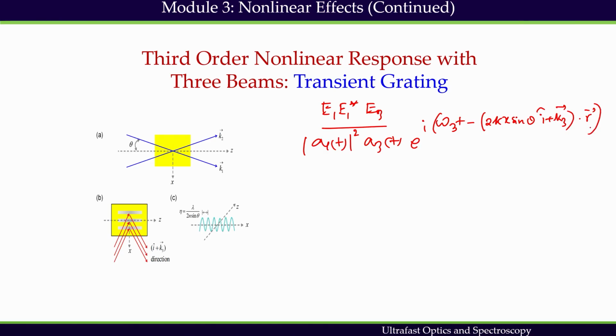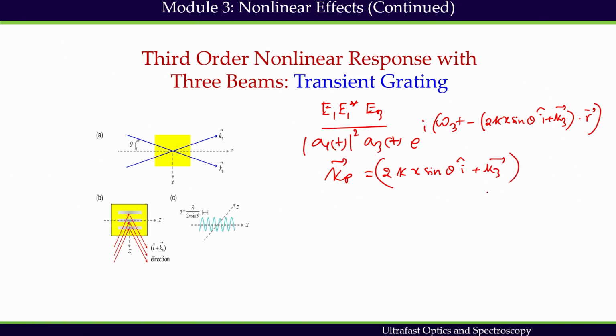This is the way the total polarization would behave, and this polarization wave vector kp can then be written as 2k x sine theta i plus k3.